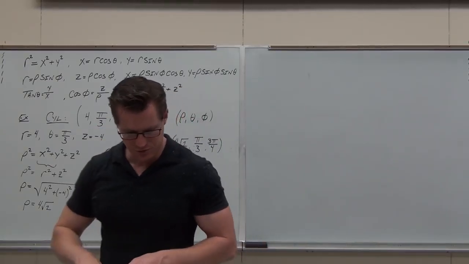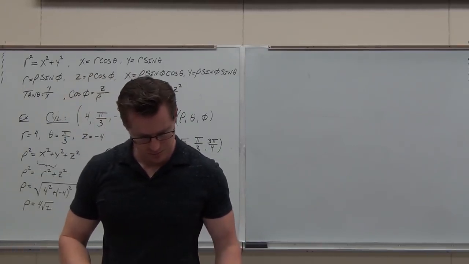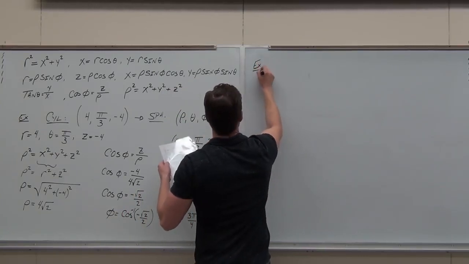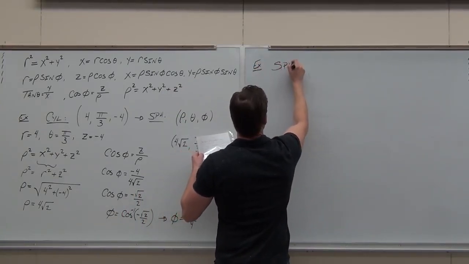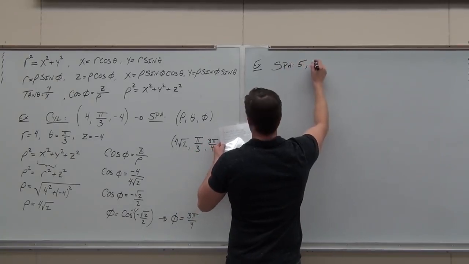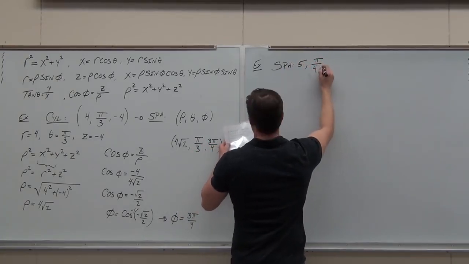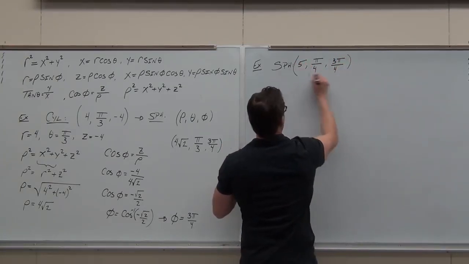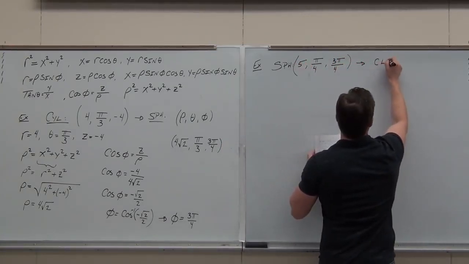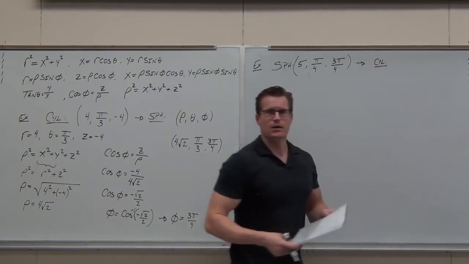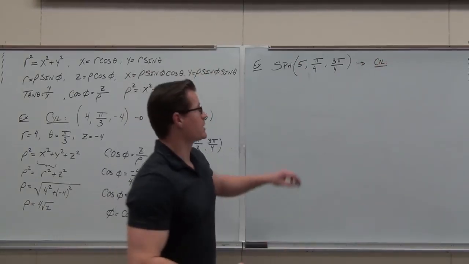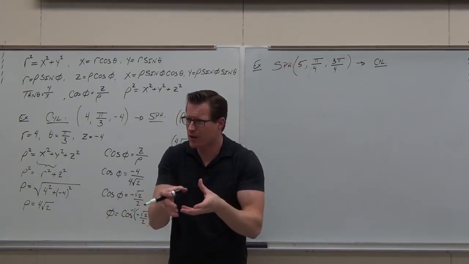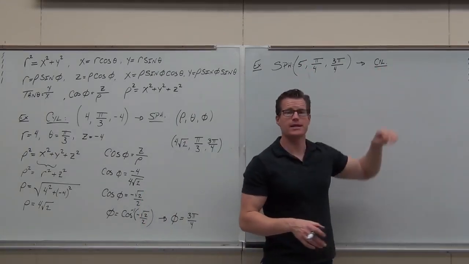Let's go backwards. Let's go from spherical to cylindrical. The first idea is, if ever I give you a type of coordinate system, I want you to write down what we have, and then also write down what you need.